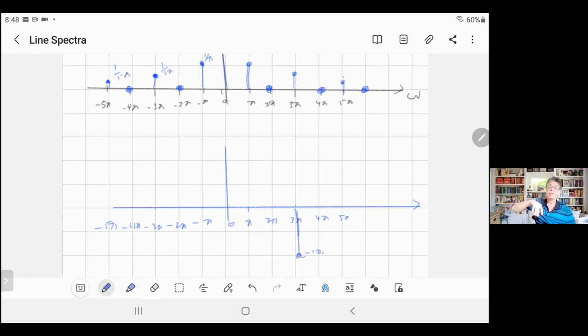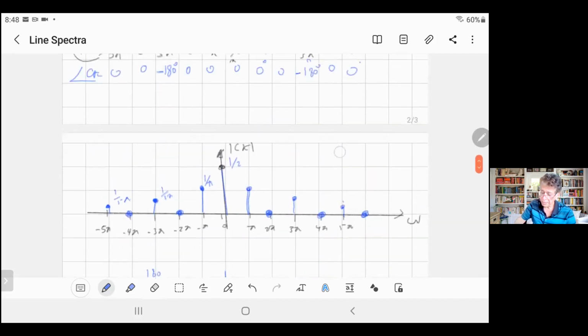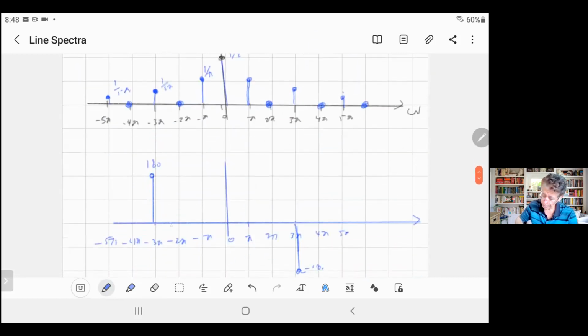The one on the negative side, you flip it to be positive 180 degrees, because rotating in the opposite direction gives you the opposite. So the negative and the positive are opposite, but the same magnitude of the angle. And the rest are zeros, 0 degrees, because I'm sketching with the angle of Ck.